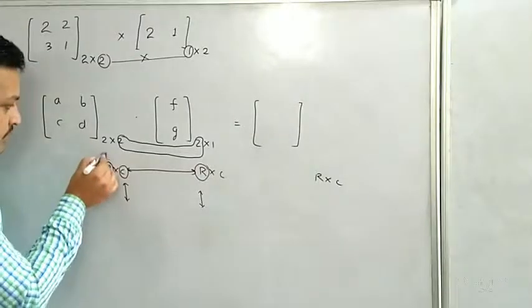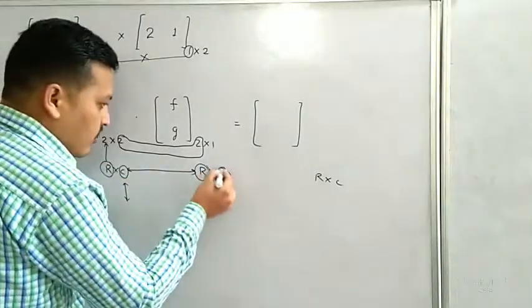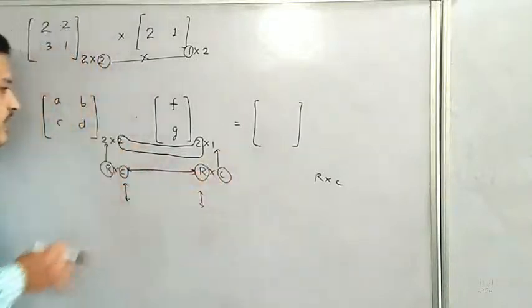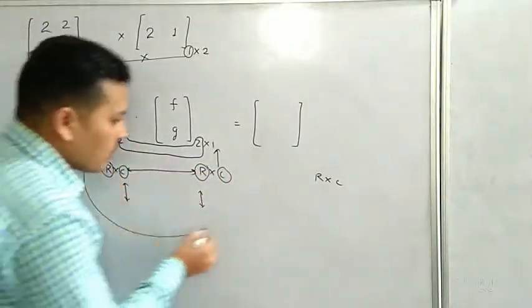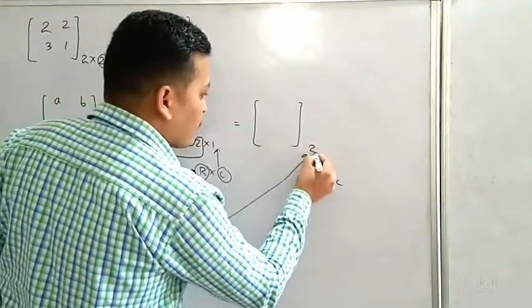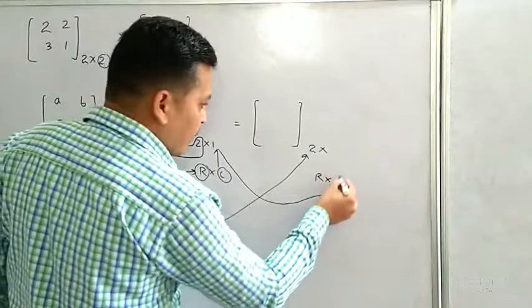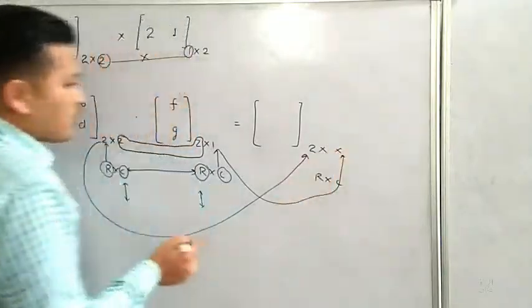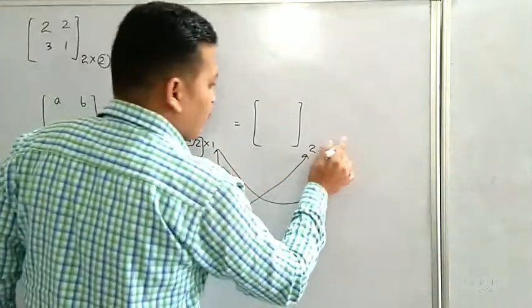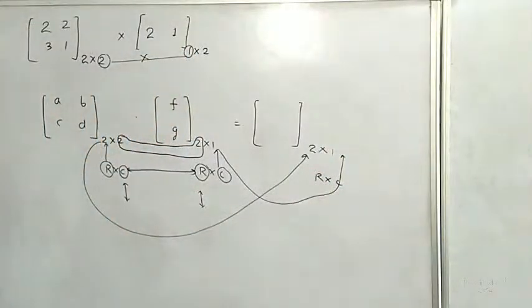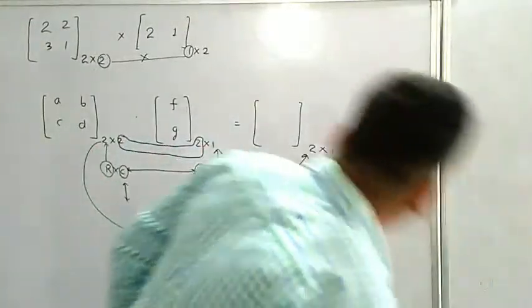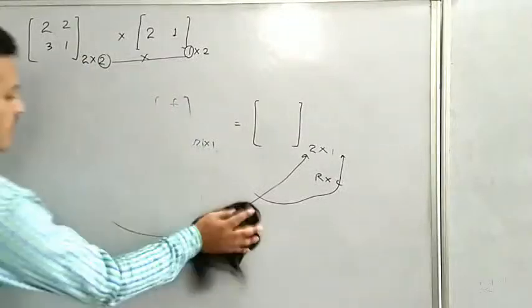This is the row of the first matrix and this is the column of the second matrix. The remaining numbers we write: this 2 is the row and this 1 is the column, means 2 cross 1. Okay, one more example I am taking here.